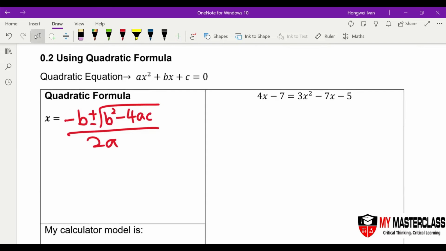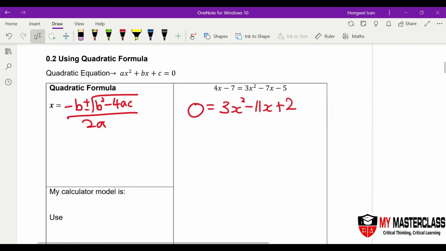If you have a quadratic equation, it must always be equal to 0. So 0 equals 3x squared minus 11x plus 2. This is the standard of presenting. Your a is 3, your b is negative 11, your c is 2.